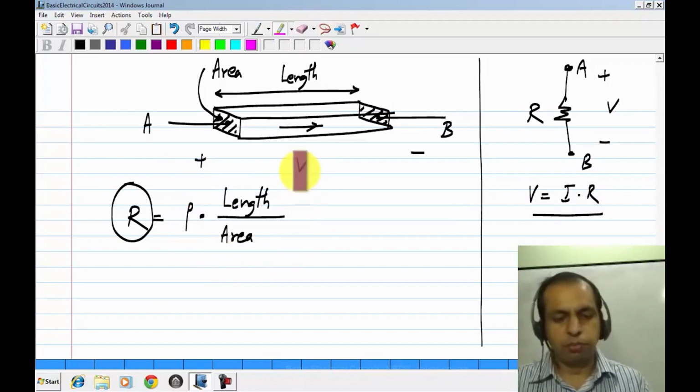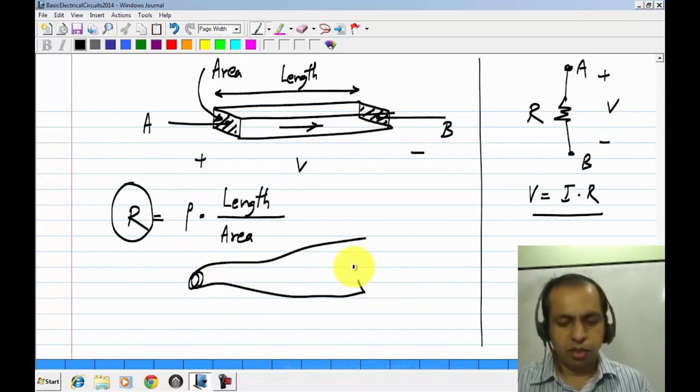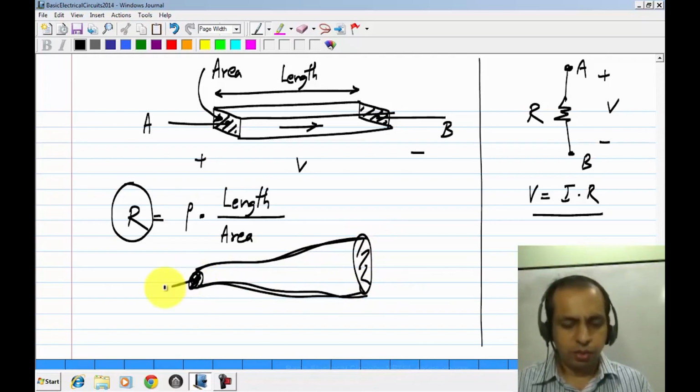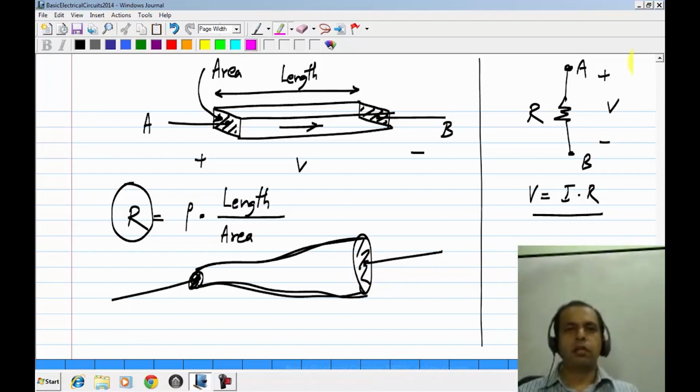We don't have to worry about how this resistance is calculated. Now, this formula is simple enough for a rectangular bar like this, but if I had something uneven, some uneven shape like this with curves and so on, and I have a terminal here and a terminal there, it becomes quite complicated to carry out these calculations. But for analyzing circuits, we don't have to worry about it.